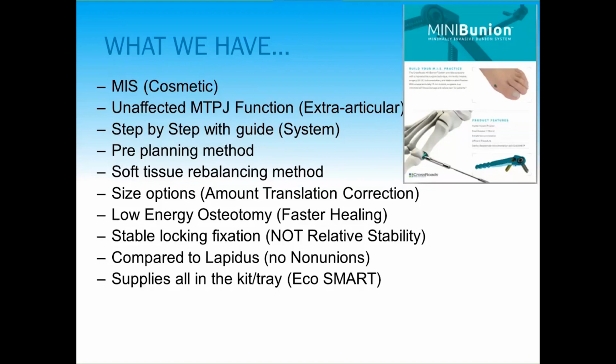Stable locking fixation is really key because you don't have that relative stability with just a wire. Compared to the Lapidus, you're not having non-union issues, which is a concern with the Lapidus no matter what method you use, but it is for larger bunions.